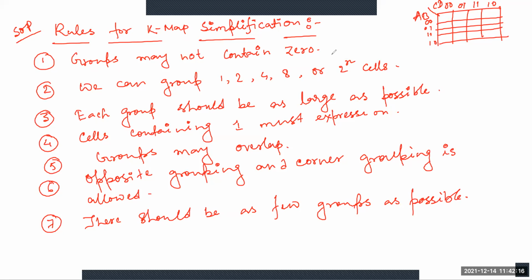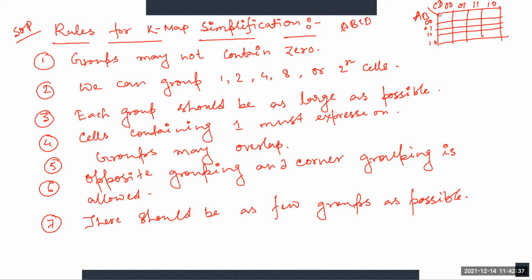When we solve K-map simplification, suppose our expression is in SOP form, like ABCD. Here this is AB and this is CD.